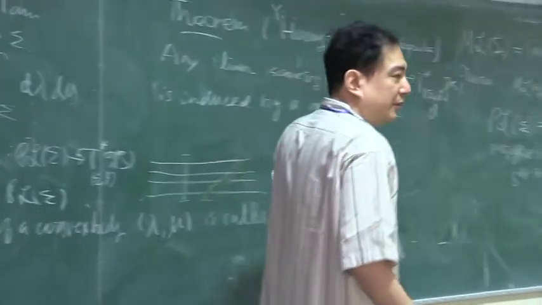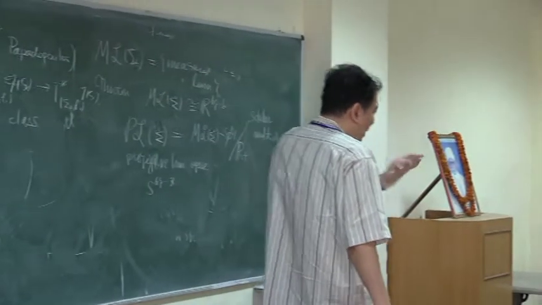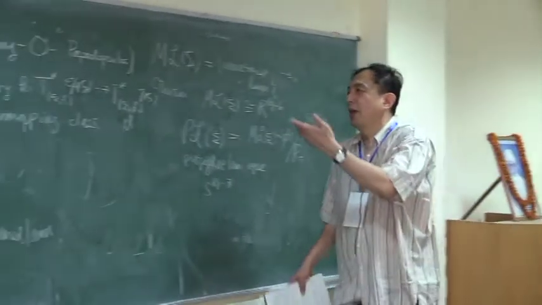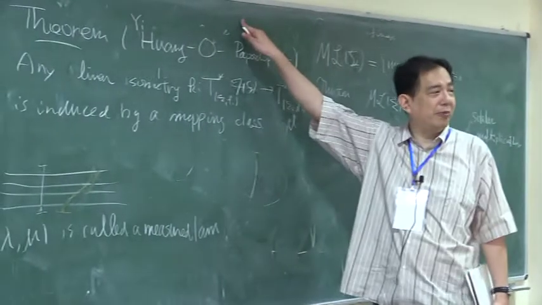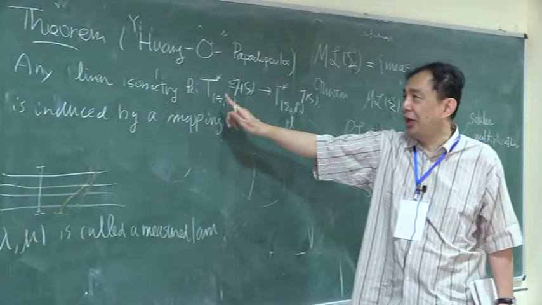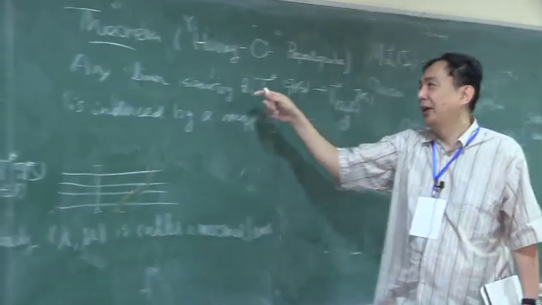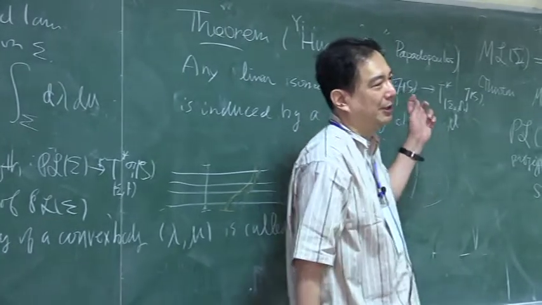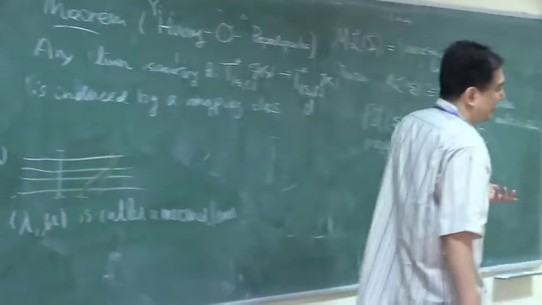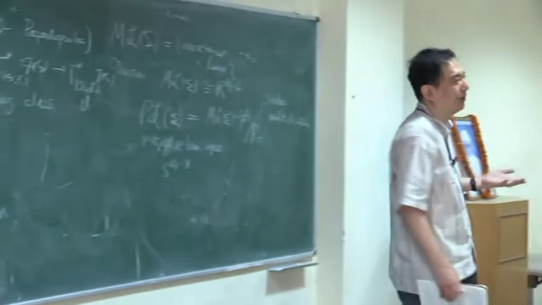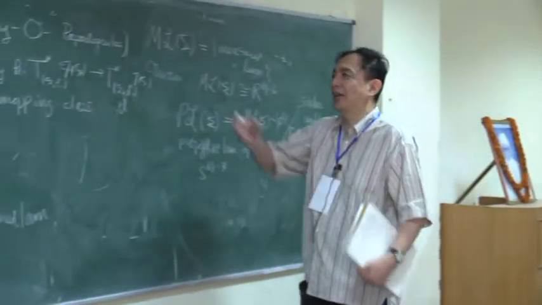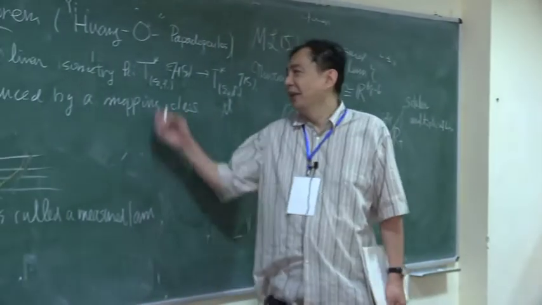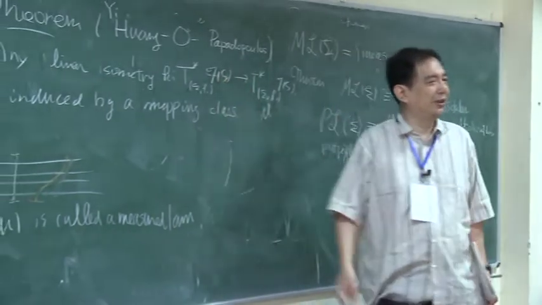Okay, let me remind you that for the infinitesimal Royden's theorem, you also had a linear isometry between cotangent spaces. But because at that time we were considering the Teichmüller metric, although the cotangent space is the same, the norm defined here is quite different.